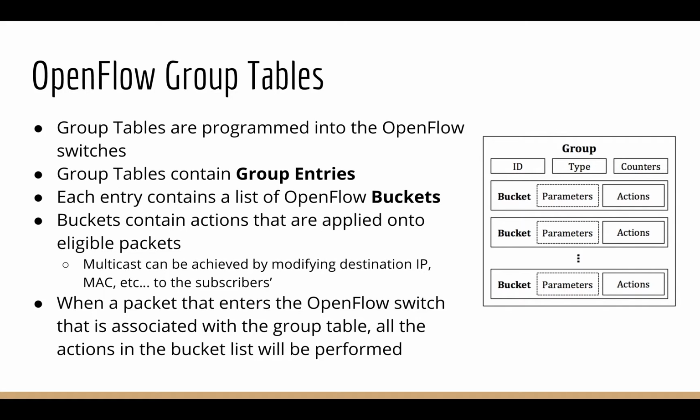For example, multicast can be achieved through buckets just by creating a bucket with the action that modifies the destination IP, MAC, and port to the subscriber's IP, MAC, and port. When a packet that is eligible enters the OpenFlow switch associated with the group table, all the actions in the bucket list will be performed.